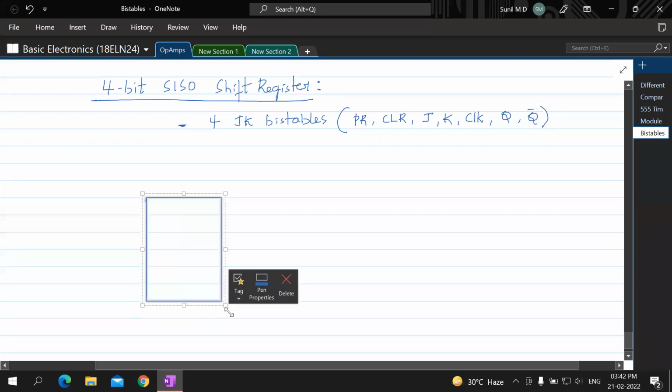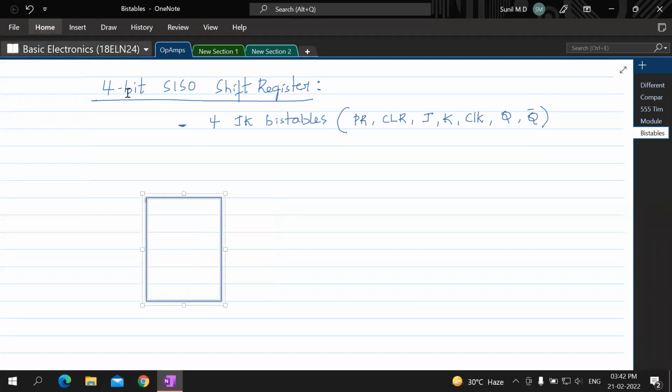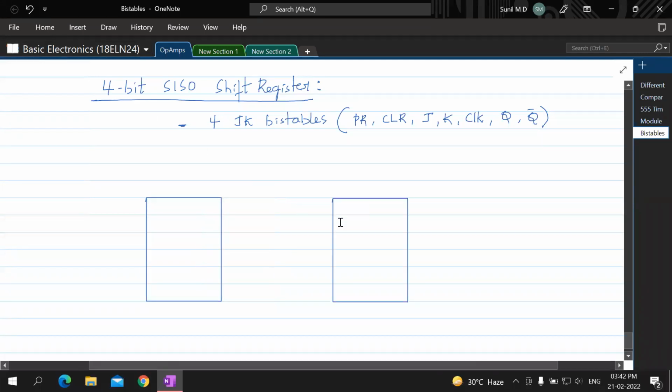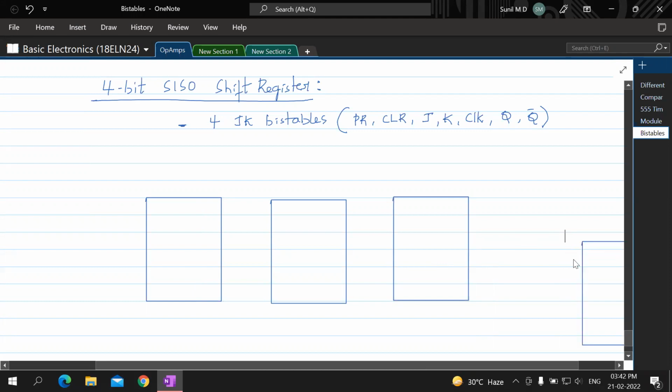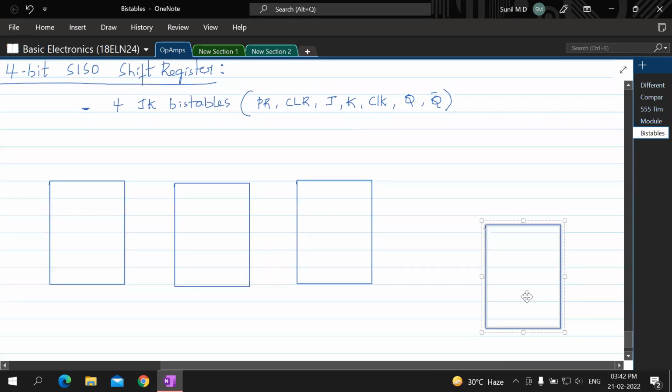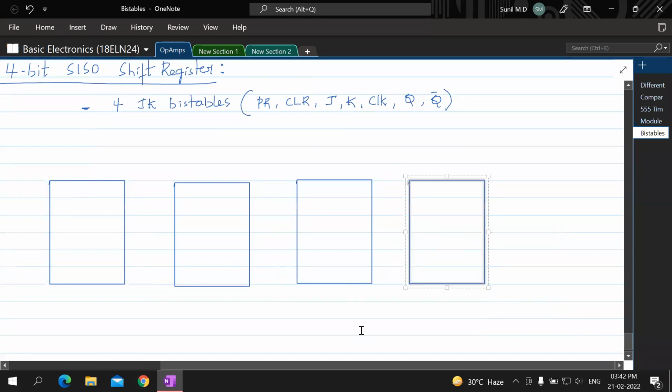Then let's just copy this. Fine. This is the second one. Third one. Fourth one. So we have 4 JK flip-flops like this.